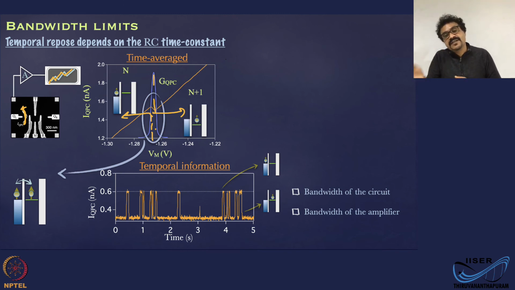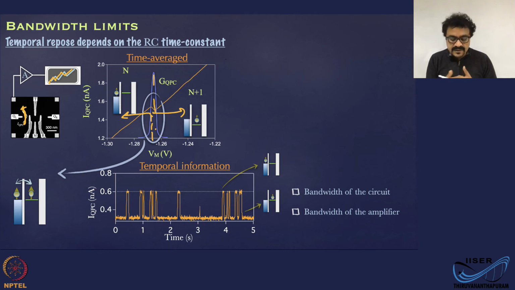What that means is the electron can actually tunnel in or out at will. That is driven by the thermal energy available. Okay, that's a fluctuating charge motion back and forth between the dot and the reservoir. And I'm going to measure the current through this device, the sensor, versus time. That's what I'm going to do.